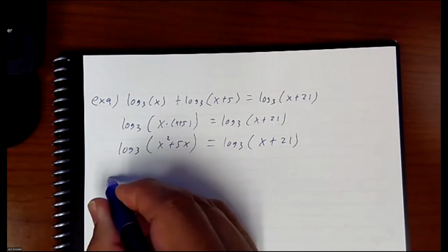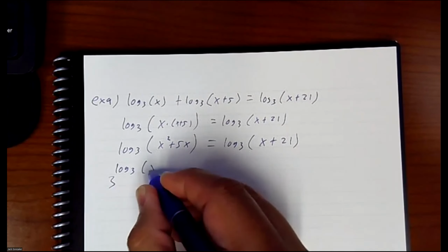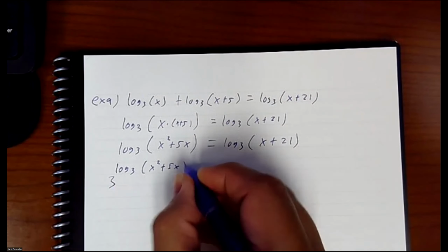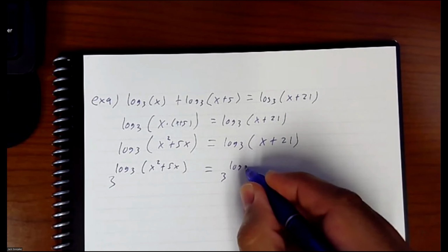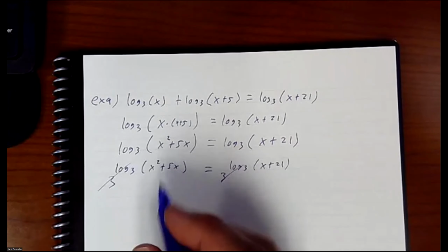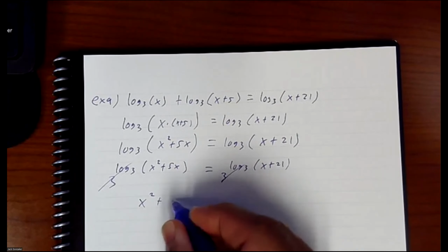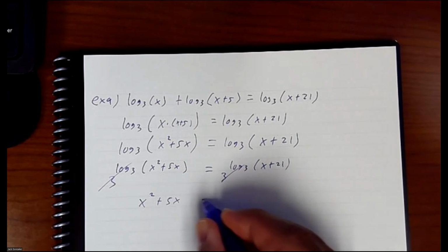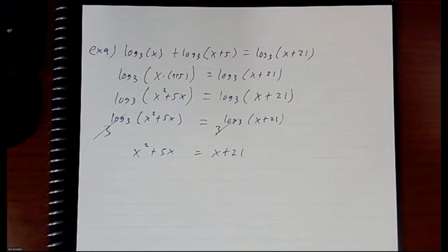So now introduce the base 3 to cancel log base 3. So these are gone, leaving me with the arguments. You have a quadratic, so set it to 0.